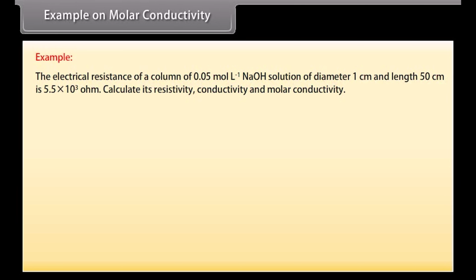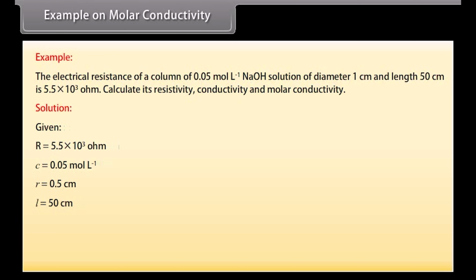Calculate its resistivity, conductivity and molar conductivity. Let's see the solution. Here given values are R = 5.5 × 10^3 ohm, C = 0.05 mole per liter, r = 0.5 centimeter, L = 50 centimeter.